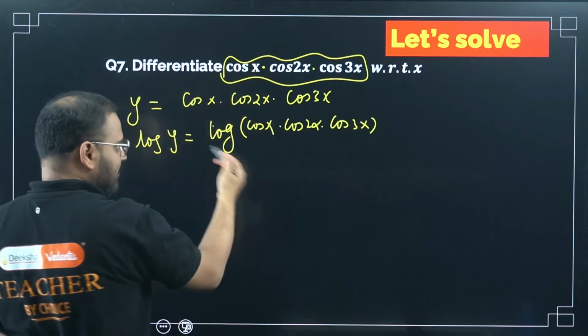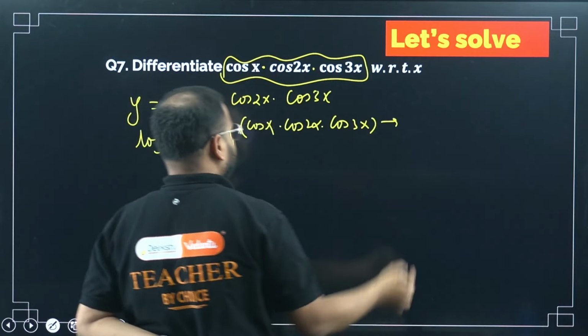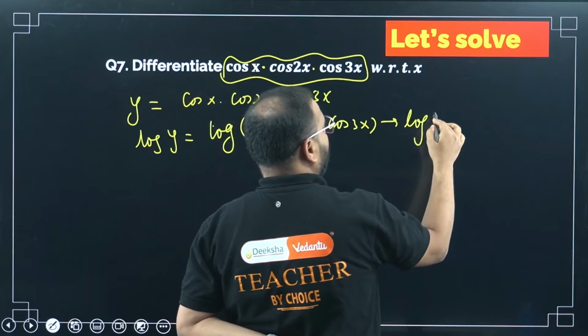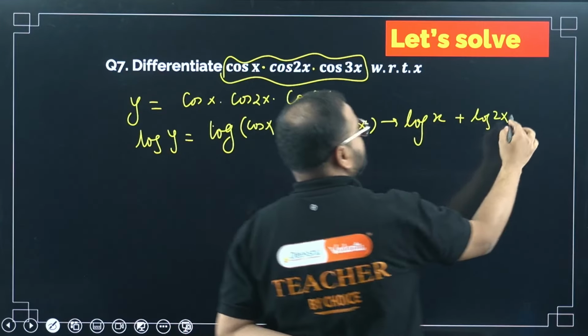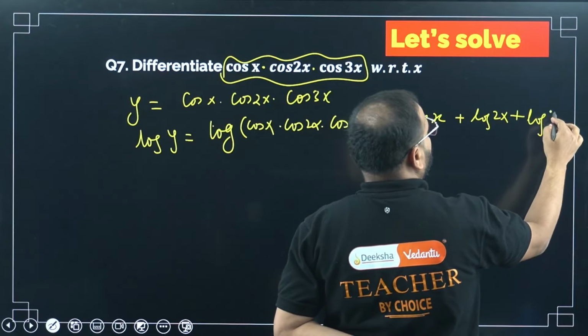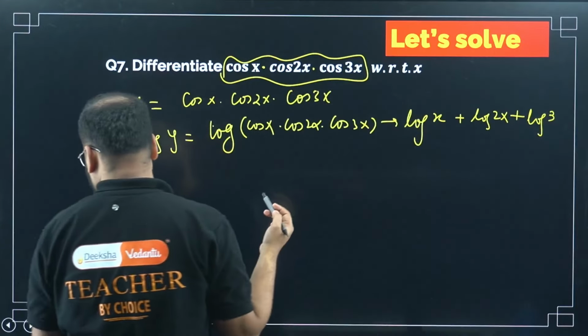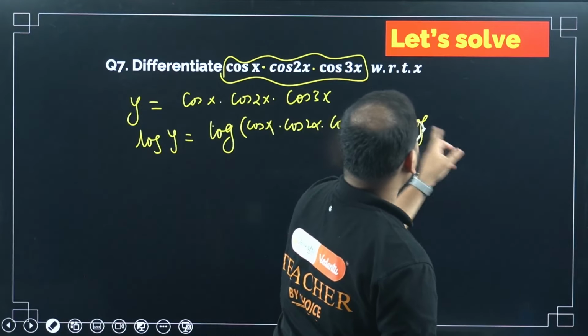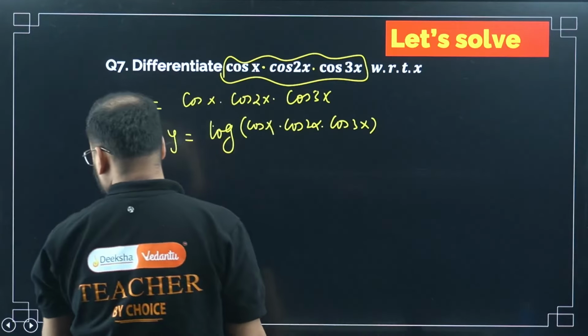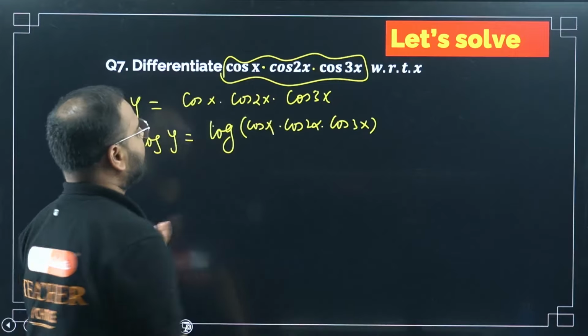This thing can be rewritten as what? Log of cos x plus log of cos 2x plus log of cos 3x will come. Let me write it in the next step only.